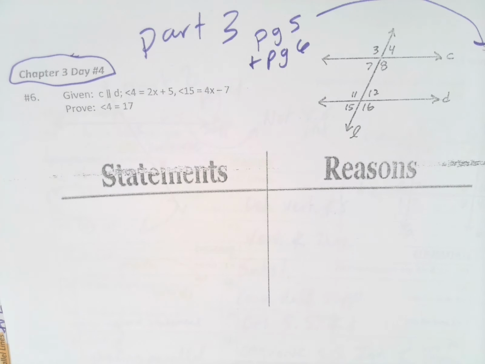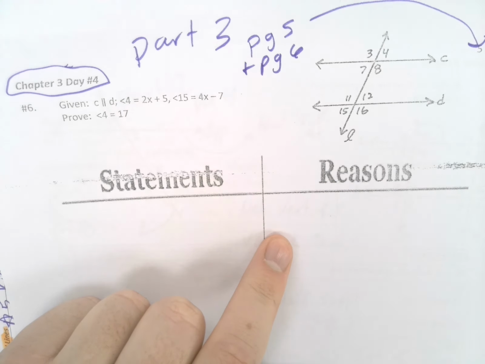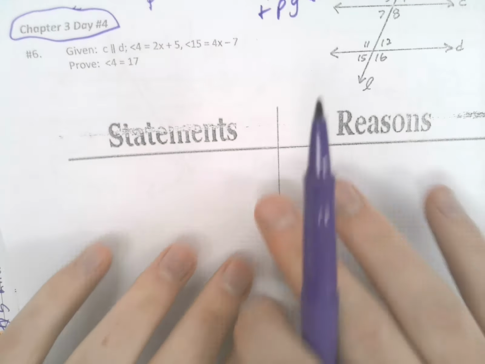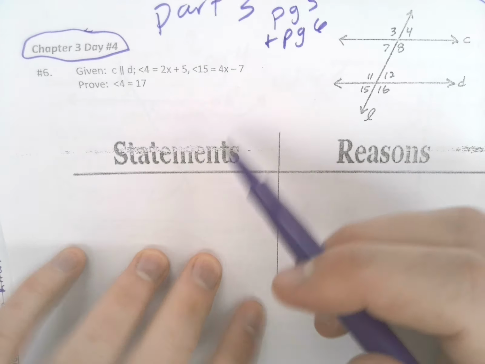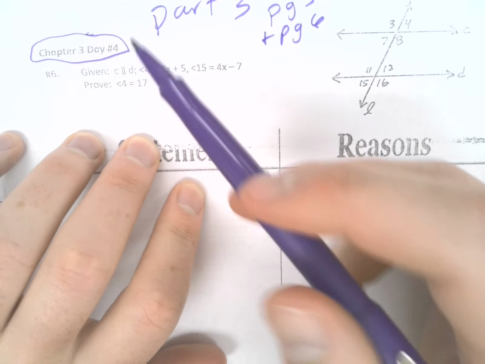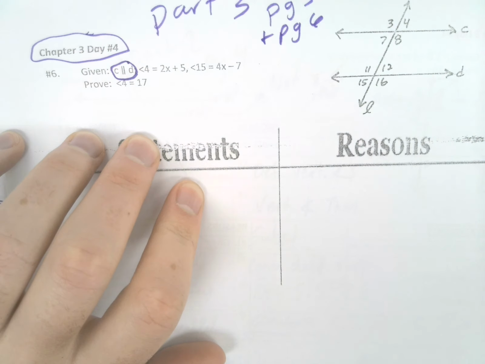And guys, the last part here is going to be maybe the toughest because we see that we're going to have to be dealing with what looks like an entire proof where we're not given statements or reasons. We have to come up with some of that. But really, if you use what you're given, it's not going to be too bad. So check it out. We're given that these lines are parallel.